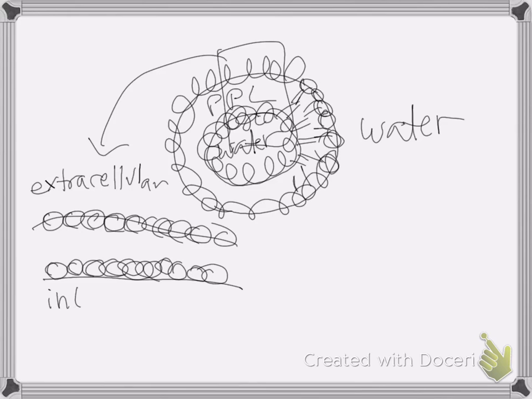That's the intracellular fluid. Fatty acid tails in between, hiding from the water. Does everybody see how I did that? Just based on its chemistry, based on the idea of polarity and non-polarity.